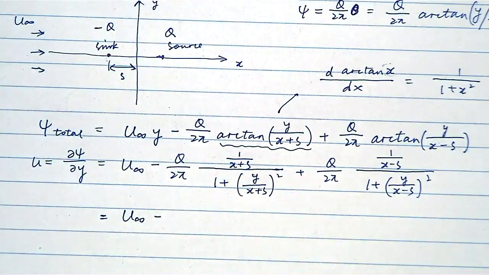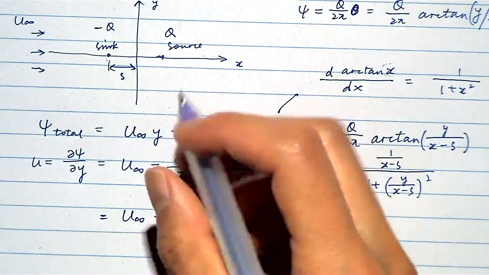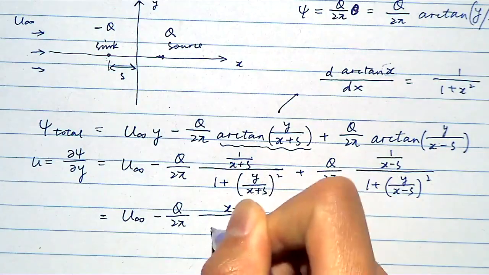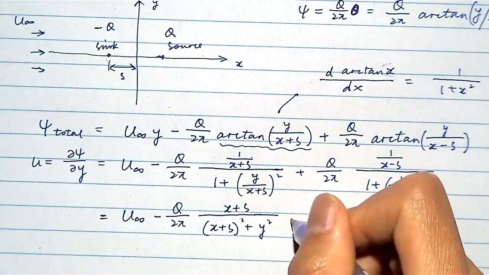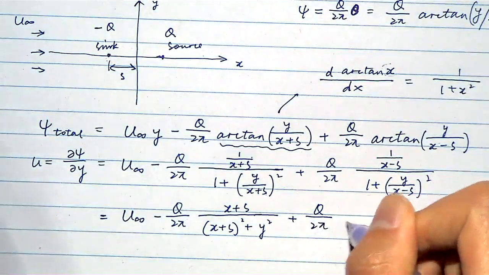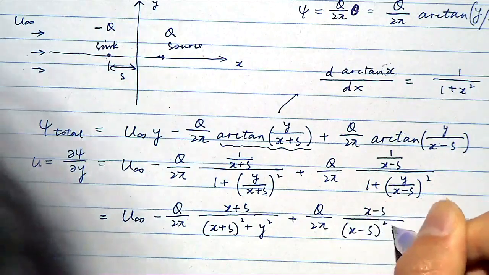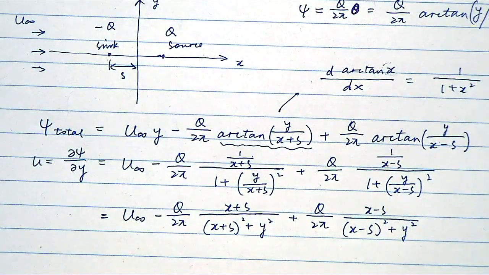For the sink, we can multiply by x plus s squared, both here and here, giving (x plus s) squared plus y squared, and q divided by 2 pi times x minus s, just to make things look nice. Okay, it's getting trickier if you want to simplify this any further. So let's just leave it here for now, okay?